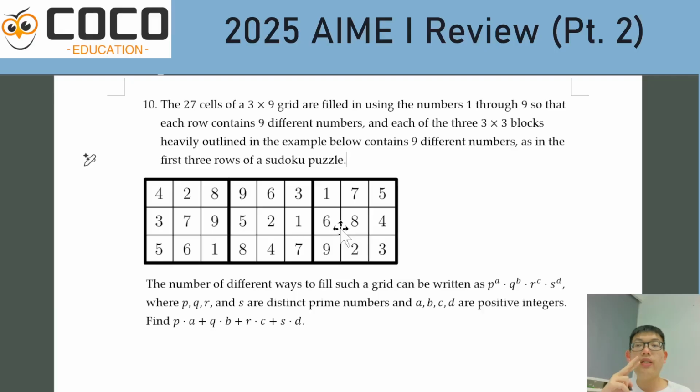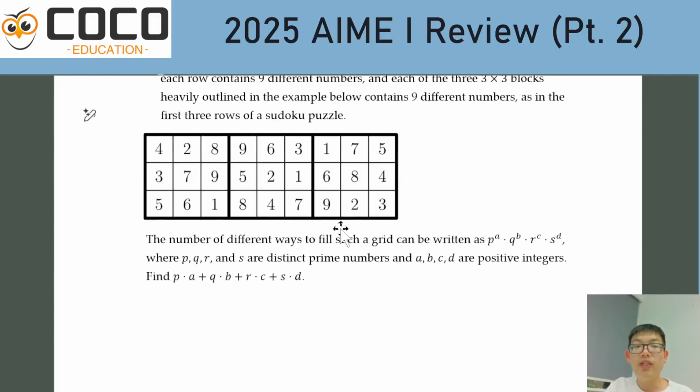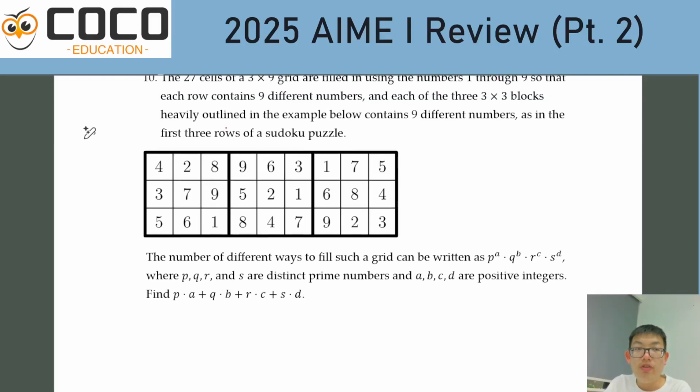Now, I can say safely, without loss of generality, that the first row can be anything I want, because if I swap any two numbers, like all the ones and all the twos, that will still be valid. Right? You just need to have each of the rows and the boxes containing 1 to 9.